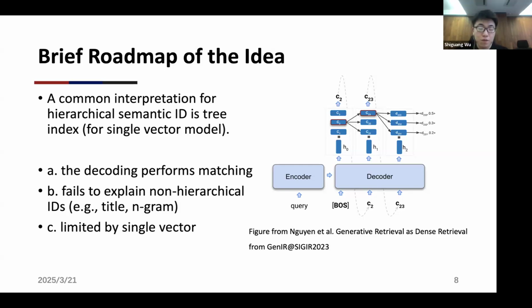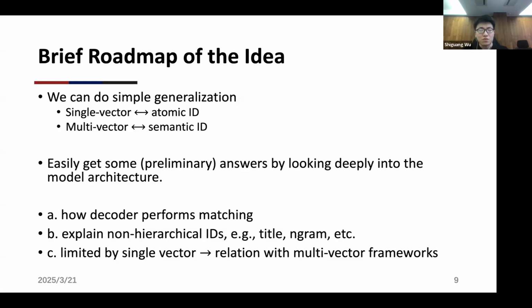So we can do much more by analyzing this decoder model. And again, the third one is that they are limited by single vector. Well, if you look at their conclusion, you may think that the GR model cannot be better than a single vector model, like what this model is doing is actually equivalent to dense retrieval. So these are three observations from their conclusion, and so we can do some simple generalization.